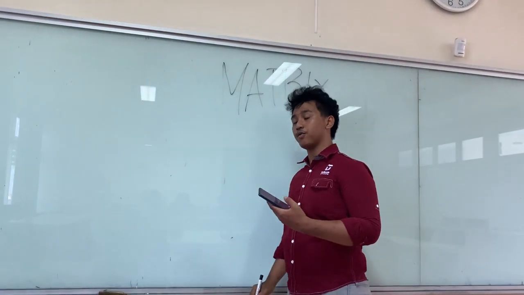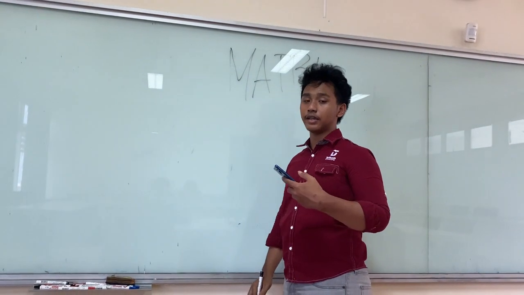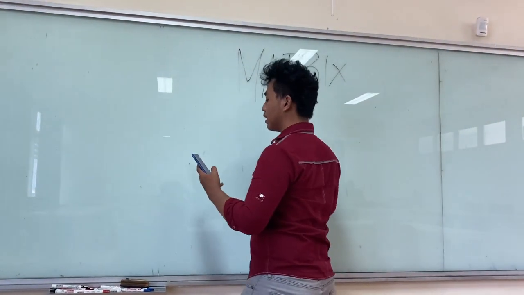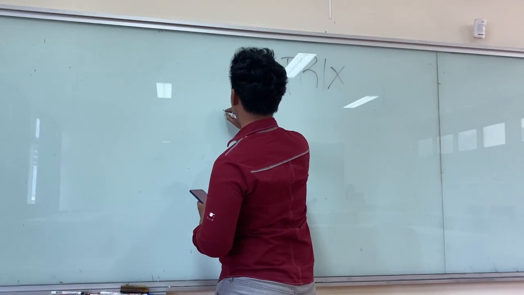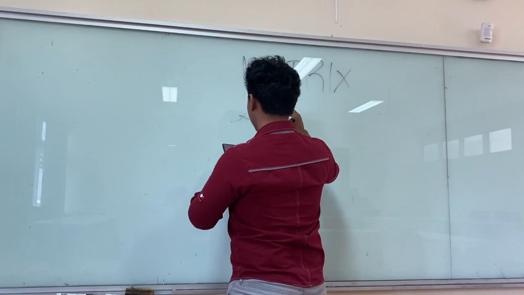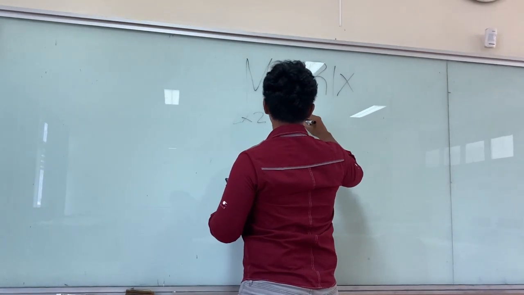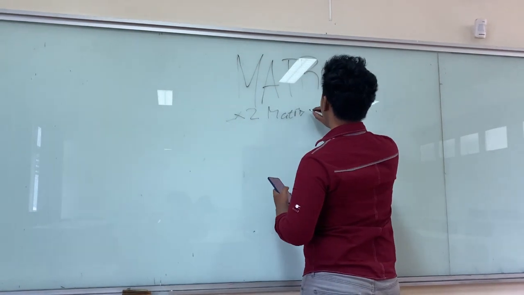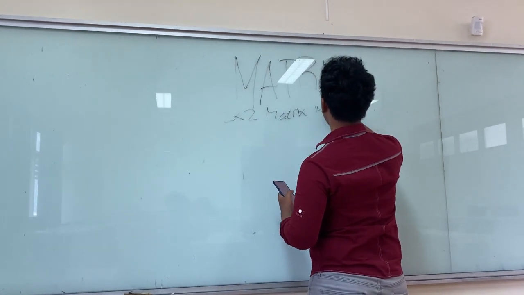So I'm going to explain the next material, the next example, but I forgot to explain multiplication. So I'm going to explain the theory of multiplication on the matrix. I'm going to use 2 times 2 matrix multiplication.